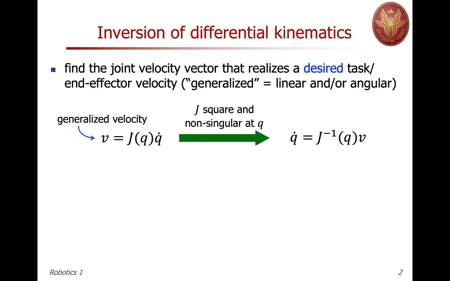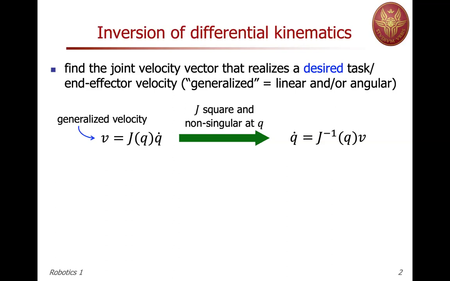The problem is quite simple if we assume that the Jacobian is square, so we have as many joint variables, joint velocities in this case, as task variables, task velocities. So the Jacobian is a square matrix and it's non-singular at the configuration where the robot is at the moment.